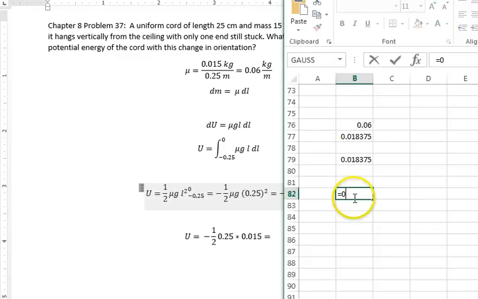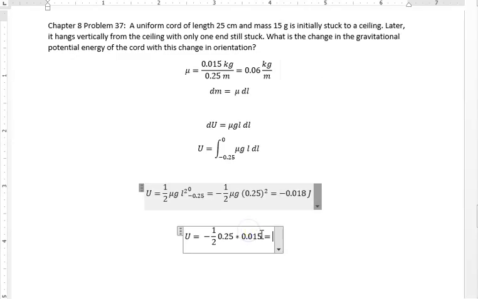We get minus 0.5 times 0.25 times 0.015, oh, I forgot the 9.8, times 9.8, and we get the same thing, minus 0.018 joules.